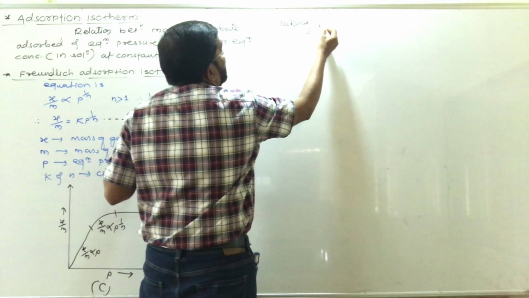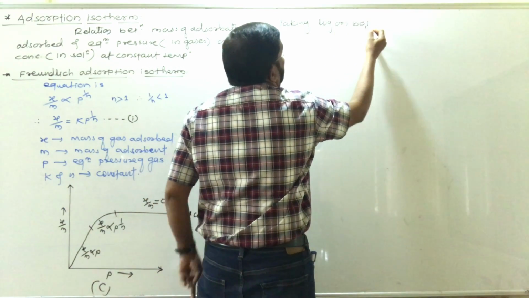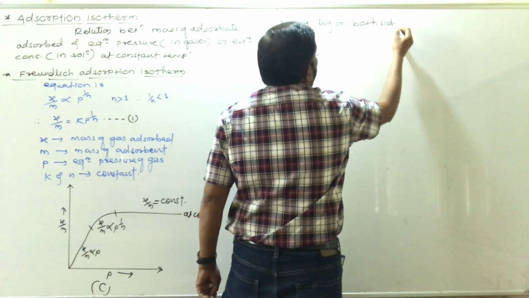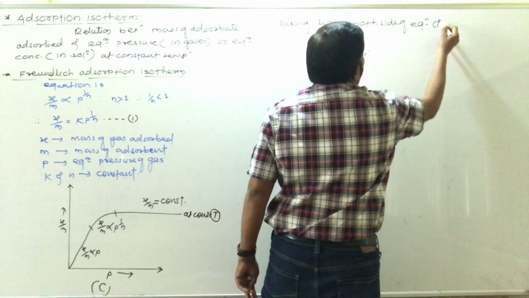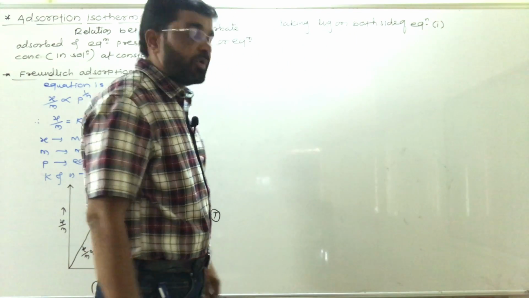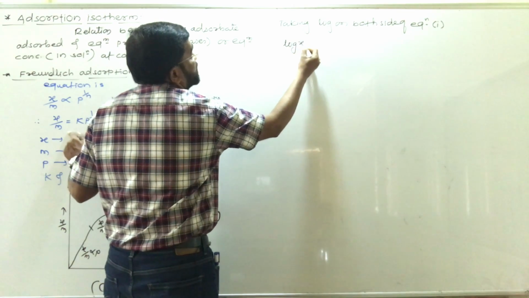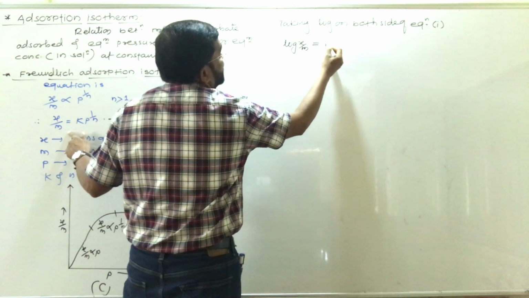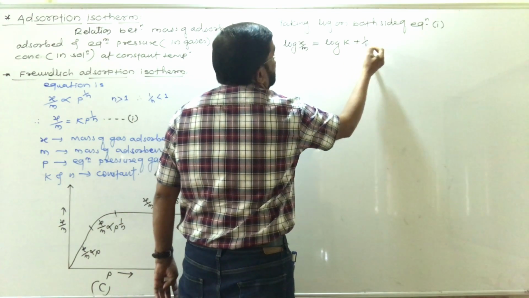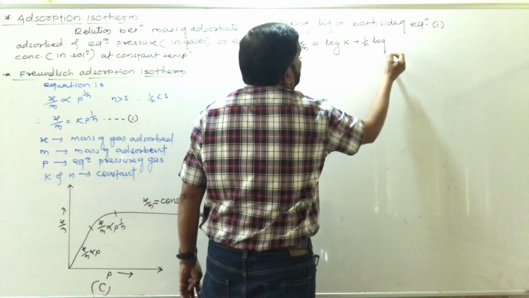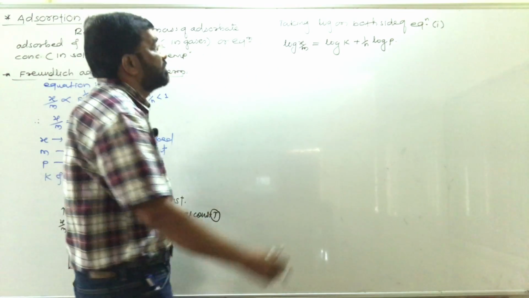Taking log on both sides of equation 1, what we will get? That is log x by m is equal to log k plus 1 by n into log p, right?